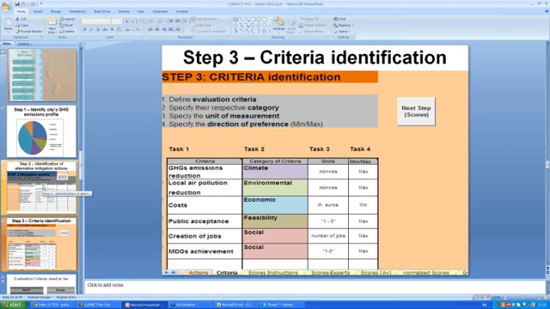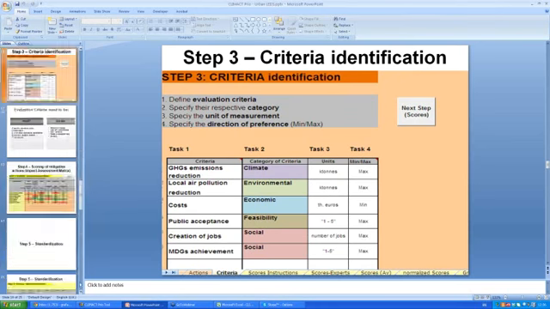So we didn't spend time on identifying the alternative actions. Those were set. We organized the first stakeholder consultation group for the identification of criteria and objectives.